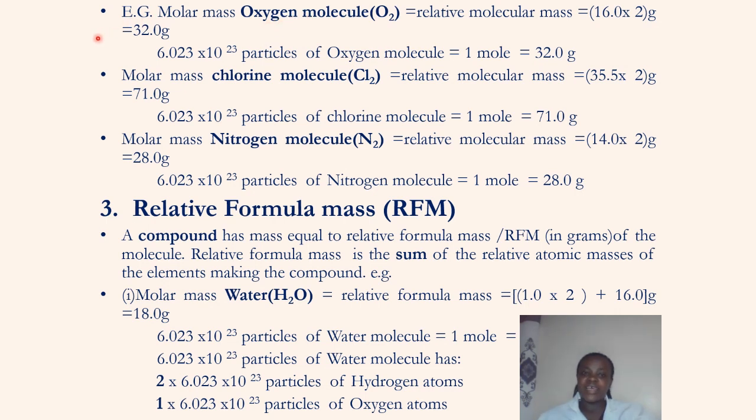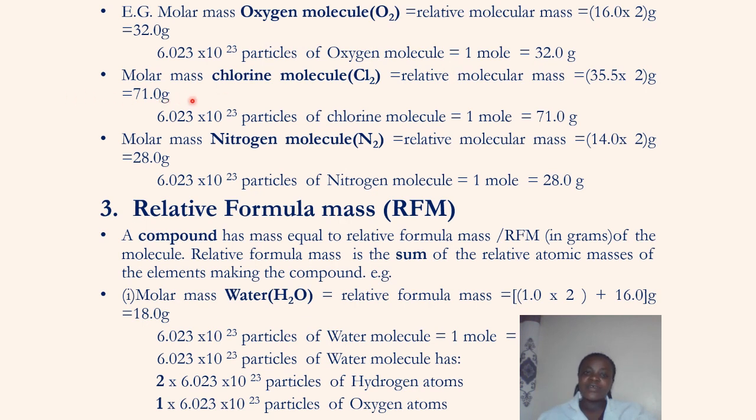So to get the mass of the 2 atoms, we multiply 16 by 2. So 16.0 times 2 gives us 32.0 grams. So the relative molecular mass of the oxygen molecule is 32.0 grams. So we say 6.023 times 10 raised to the power 23, this is constant, it isn't changing, particles of oxygen molecule will be equal to 1 mole, which is equivalent to 32.0 grams.